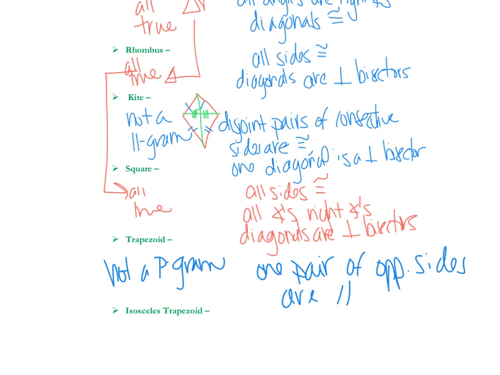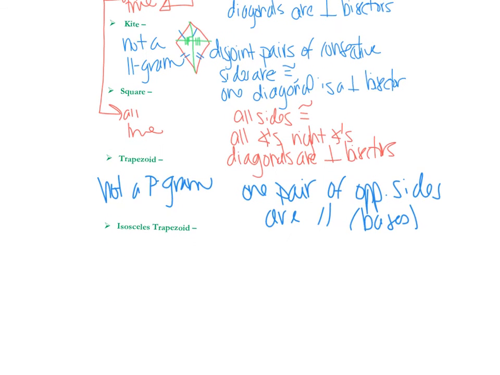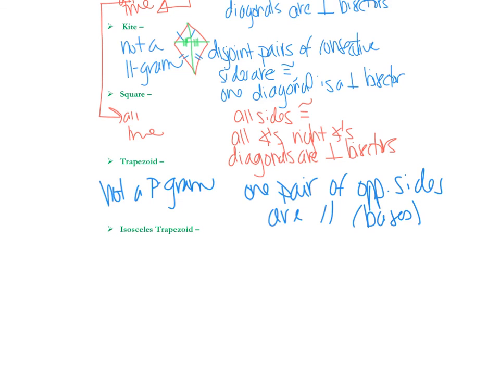And basically, it's the bases that are parallel. So this would be an example of a trapezoid. An isosceles trapezoid is just where the legs are congruent. So like this, these would be parallel, and these would be congruent.